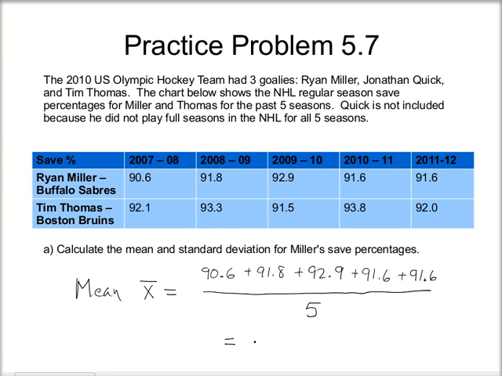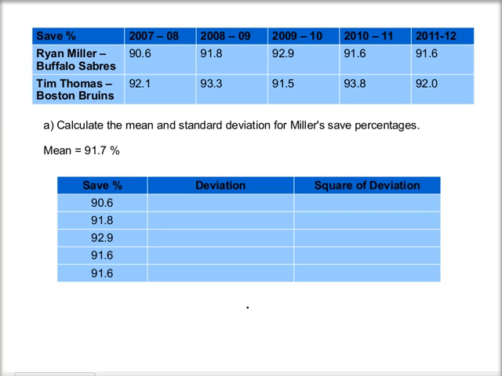If I put that into my calculator, that's going to give me 91.7 as his mean save percentage for those 5 seasons. So that's my mean. Now we're going to calculate the standard deviation.